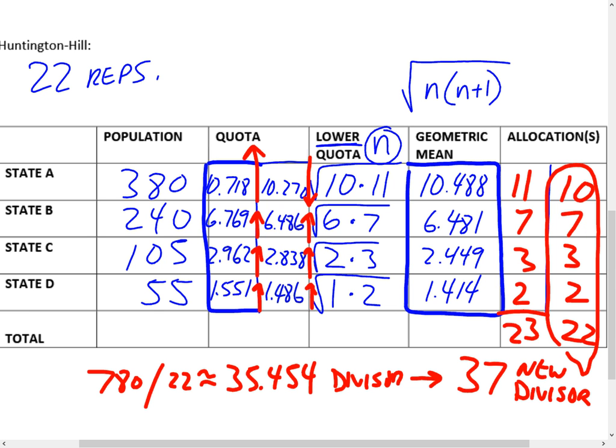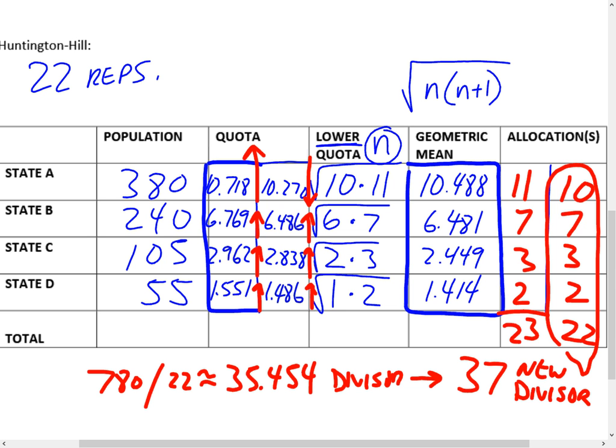Since 1911, the Huntington-Hill or the Webster method has been used. Sometimes they'll send both pieces of information. They'll do the Webster one, and then they'll do this one. They'll send it to Congress, and they'll figure out which one they would like to use. Since the 40s, only this one has been used.